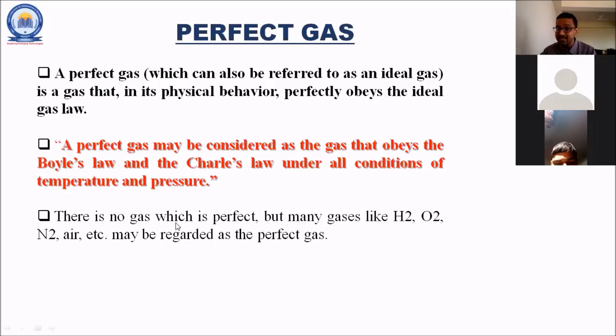There is no gas which is perfect, but many gases such as hydrogen, oxygen, nitrogen, air, etc. may be regarded as the perfect gas. Only the gases are considered to be perfect gas in order to study the properties of the gases. But practically all the gases are termed as the real gases.